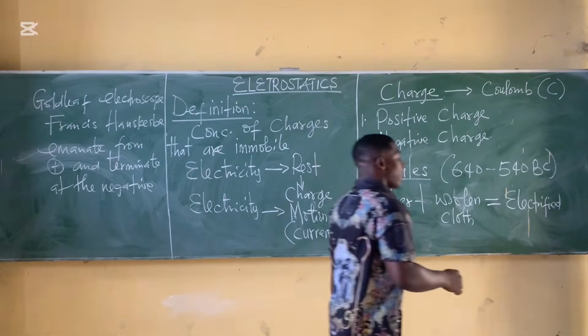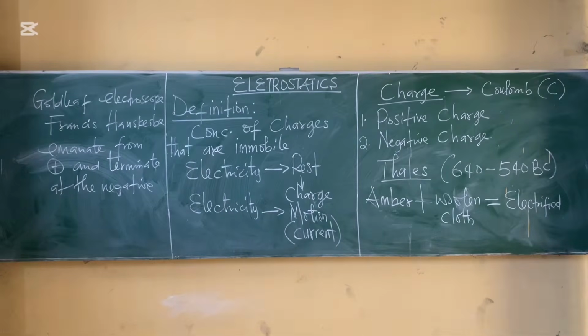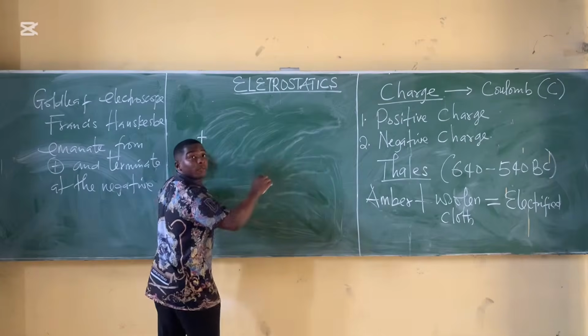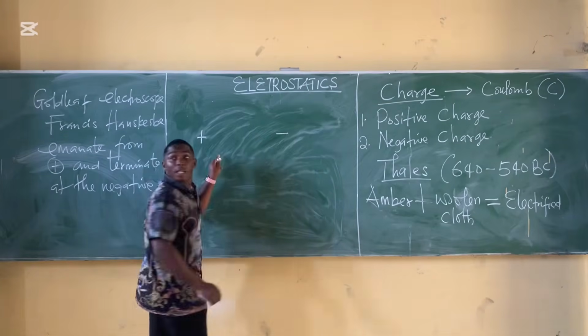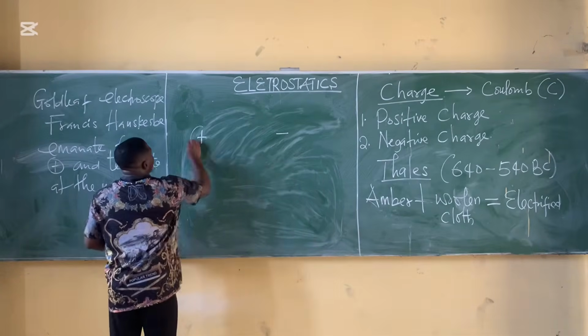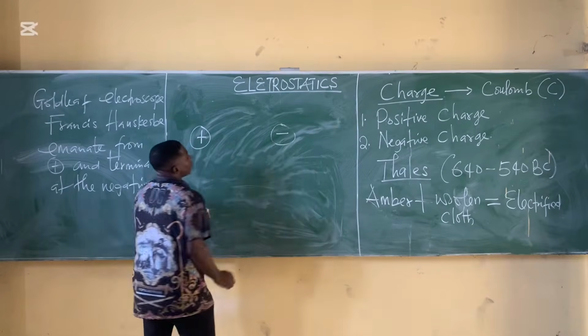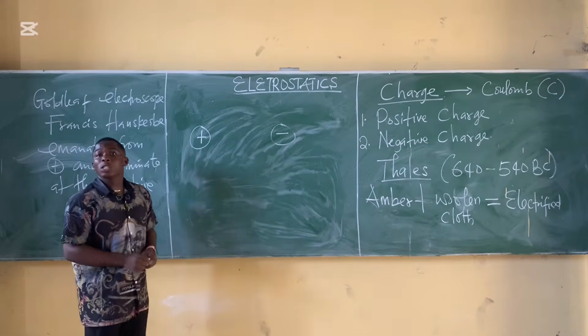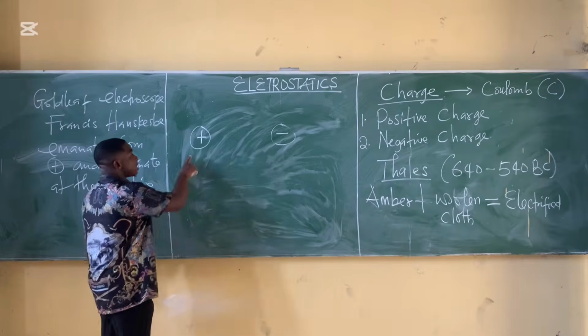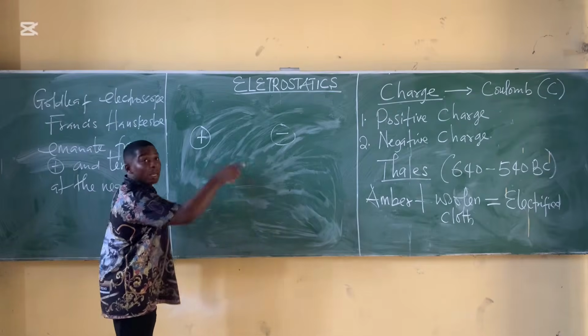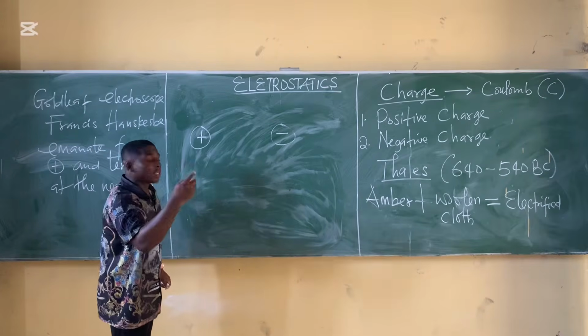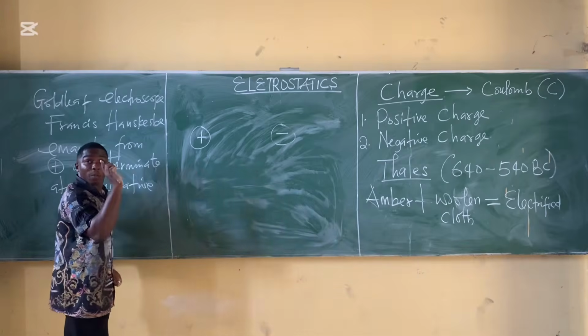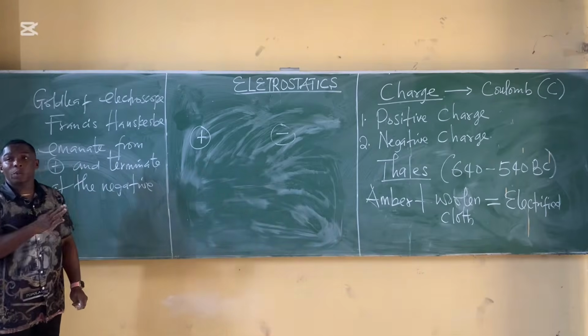Let's see the resultant diagram of that particular statement. This is the positive and this is the negative. Charges, please listen up. Charges emanate from the positive and they terminate at the negative. It means that your understanding of electrostatics begins here.